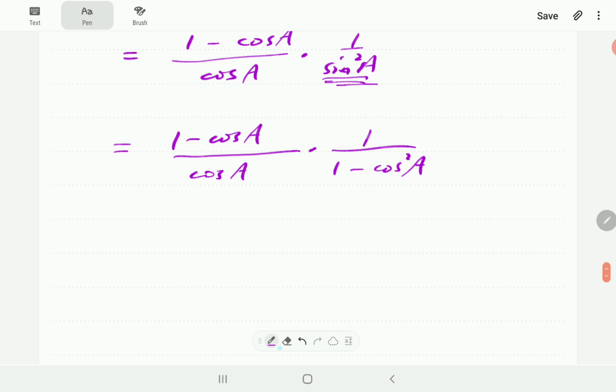But then this is a difference of two squares here, which we can factorize.